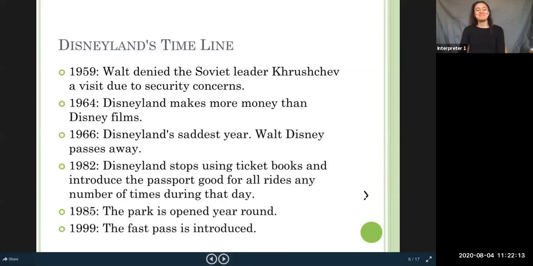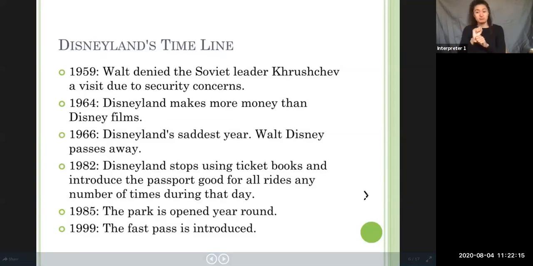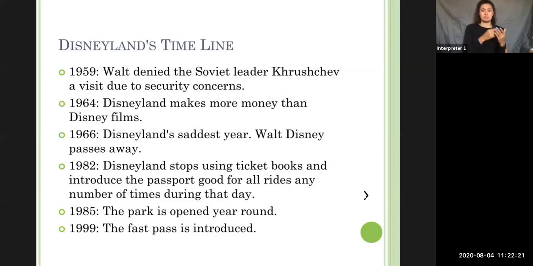For this point, really, I just want to focus on the second. So in 1964, Disneyland makes more money than Disney films. So in Disney history, the 60s, the 70s, and the 80s were kind of dark for Disney films. They weren't making as much money. So thankfully, he had the amusement park. And then sadly, in 1966, Walt Disney passed away due to cancer.